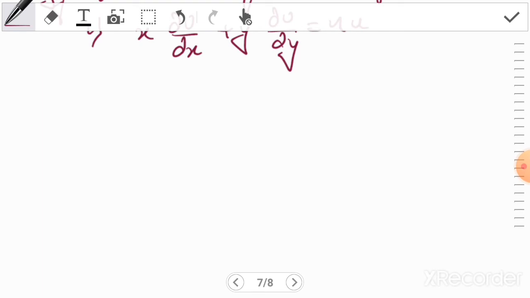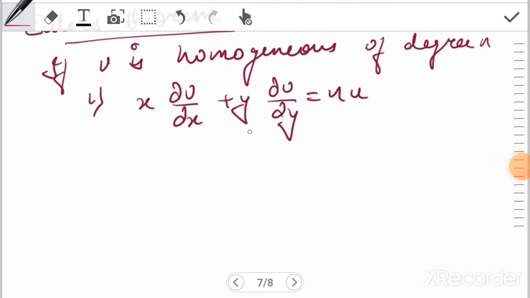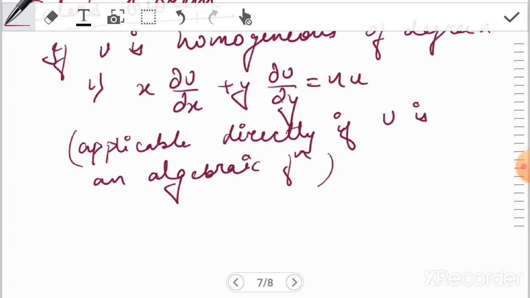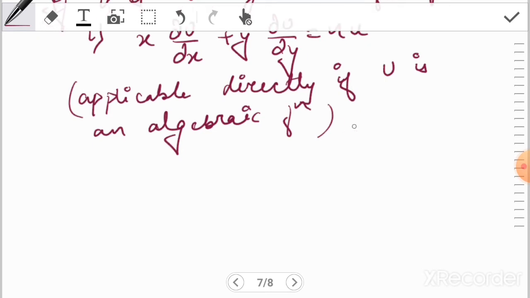Now this is applicable directly if u is an algebraic function. First let us take this example.